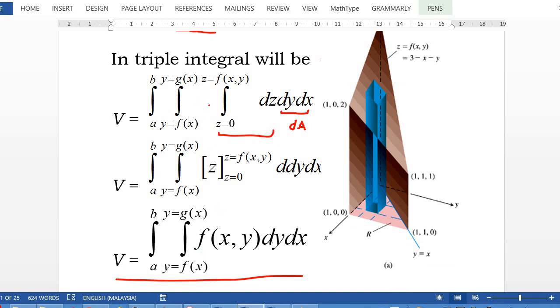So the difference between the triple integral and the double integral here: the double integral is more flexible, where the lower limit or the lower surface is not necessarily z equal to 0.